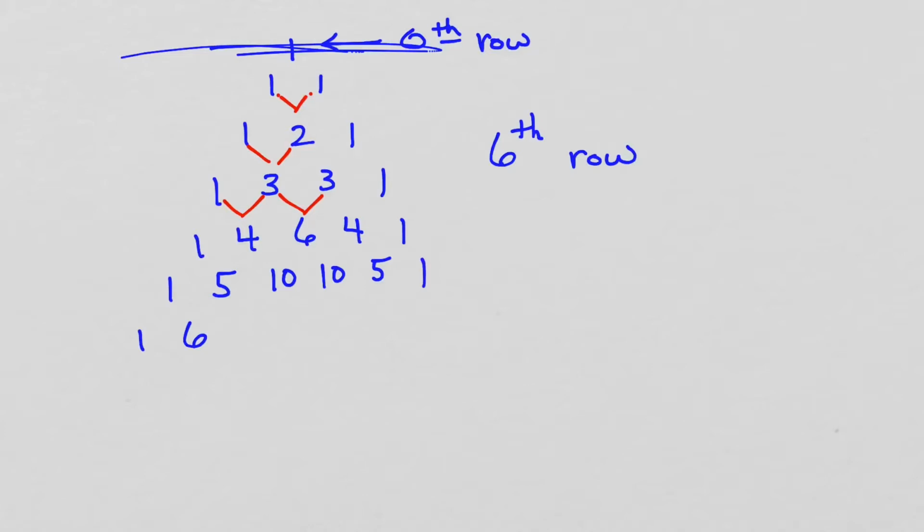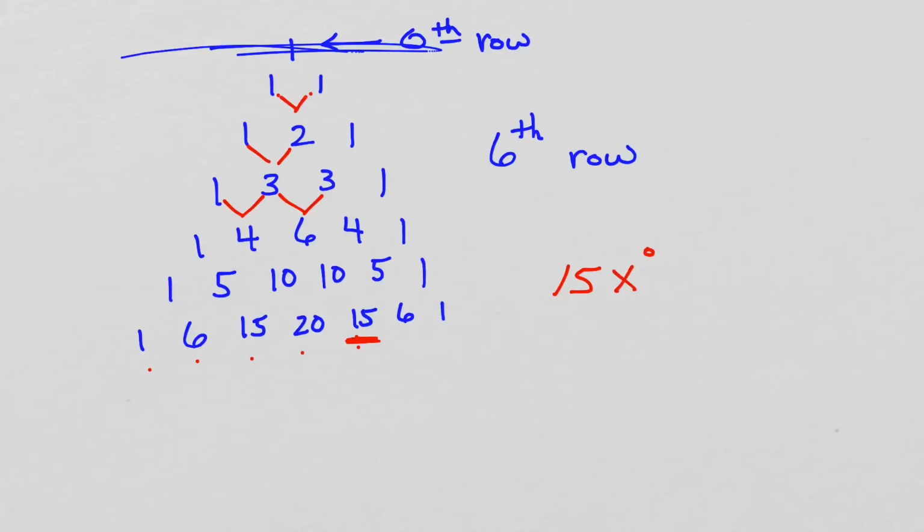It's got a 6 in it right away, so that's a pretty good indication you're at the sixth row: 1, 6, 15, 20, 15, 6, and 1. Now I'm going to count: 1, 2, 3, 4, 5. Here's the term we're looking for. There's my coefficient. So 15 is my coefficient of x to the 0 power.